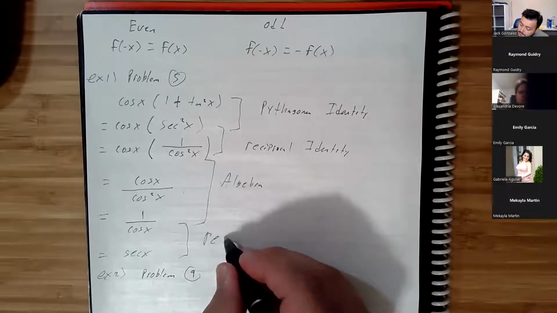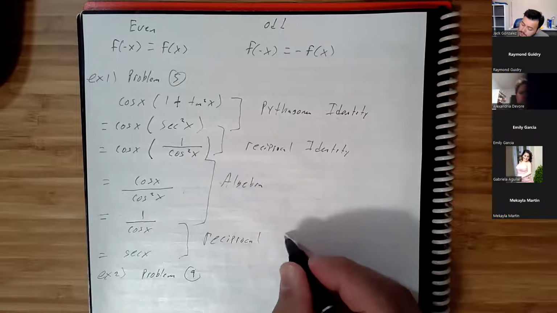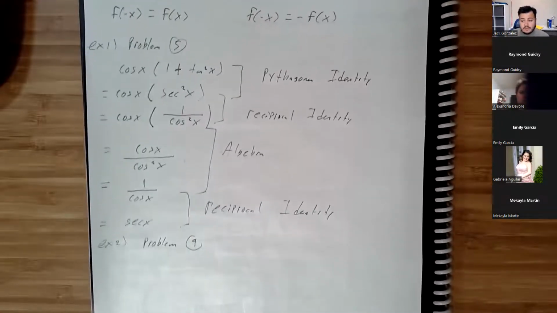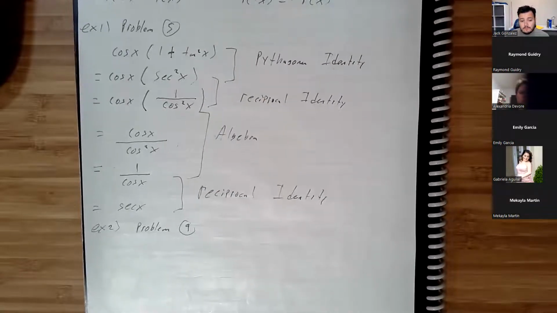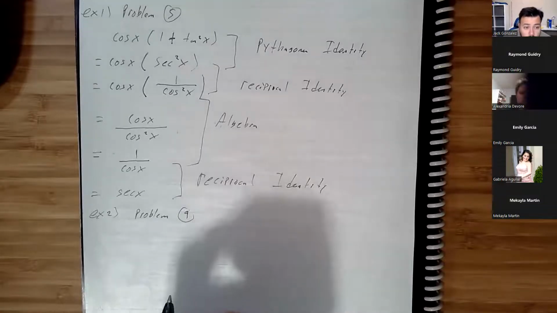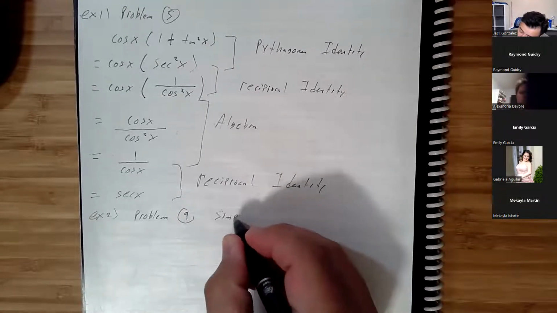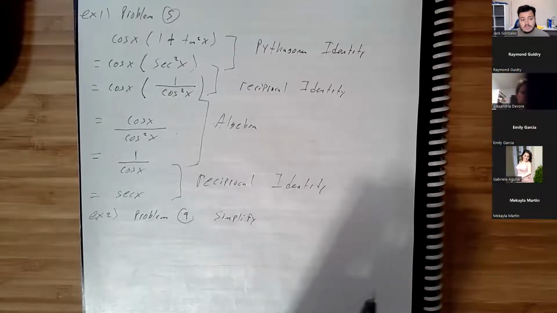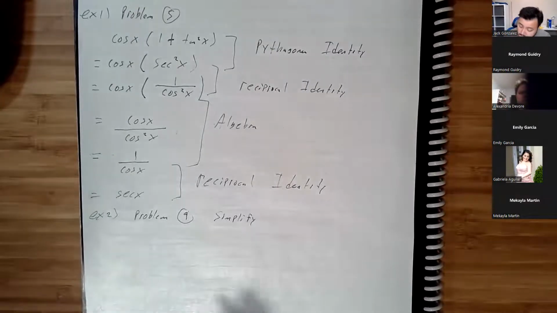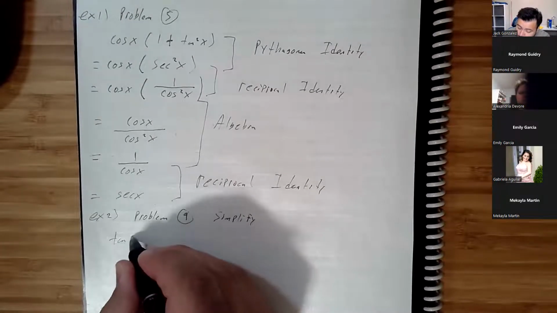Then reciprocal. I'm going to write down every single identity that I use along the way. Number 9. The instructions are basically to simplify as far as you can. So this time they're not telling you what the answer choice is. You just got to use all your identities until it's as simple as possible. So we start right here.